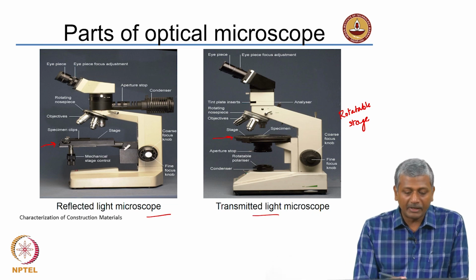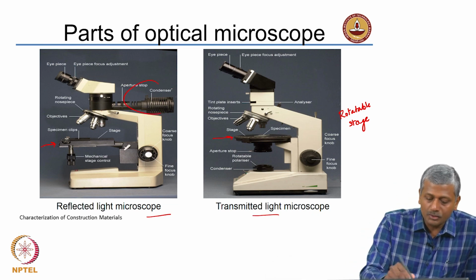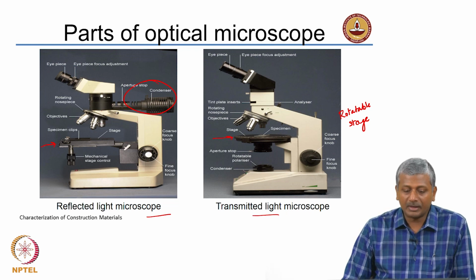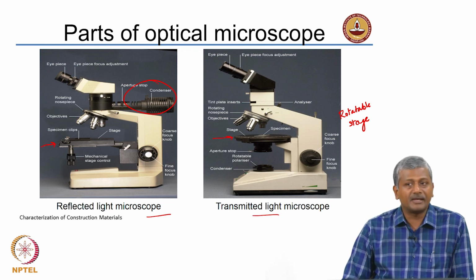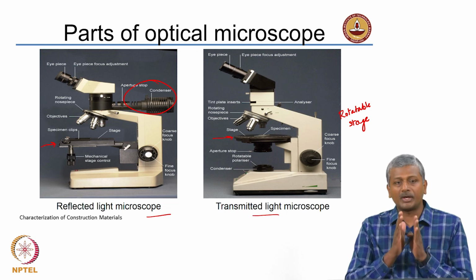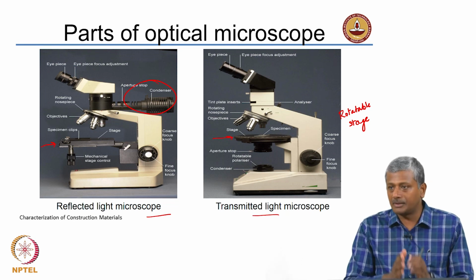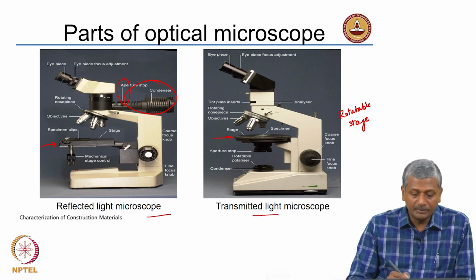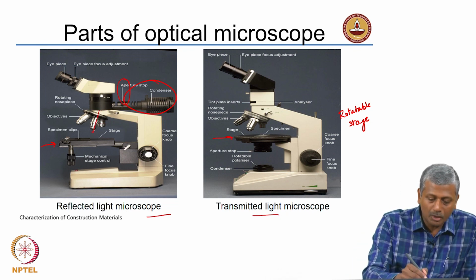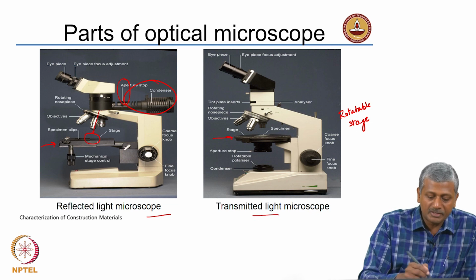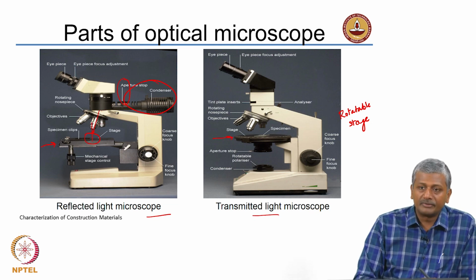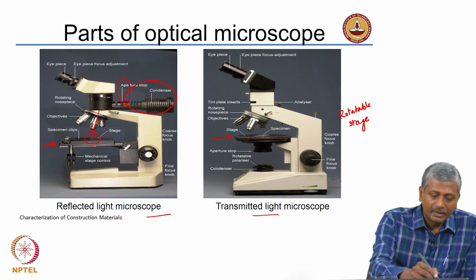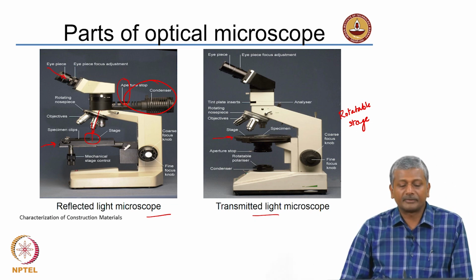In a reflected light microscope, your light source is located here, the condenser. The condenser is basically a feature that ensures that you get parallel rays of light. A beam of light goes in a parallel fashion through the aperture and then goes down through the objective lens, hits the specimen which is sitting on the stage, and then you are able to observe through the objective and through the eyepiece.